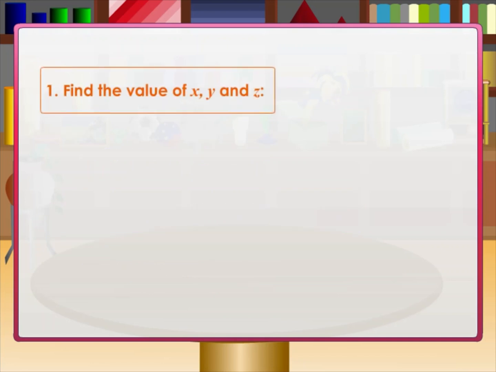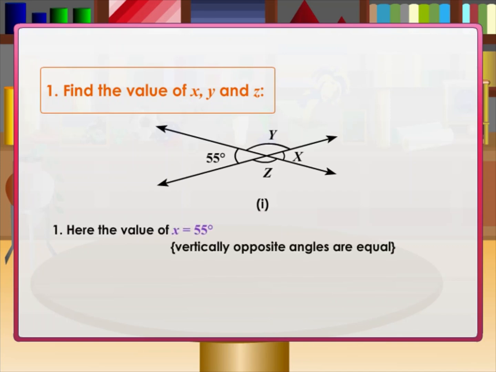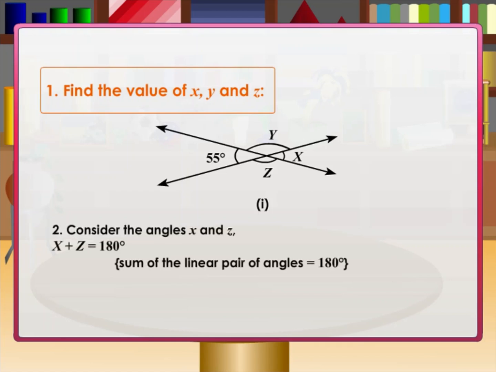Find the value of x, y and z in the given figure. The value of x is equal to 55 degree because vertically opposite angles are equal. Consider the angles x and z. X plus z is equal to 180 degree because the sum of the linear pair of an angle is equal to 180 degree.